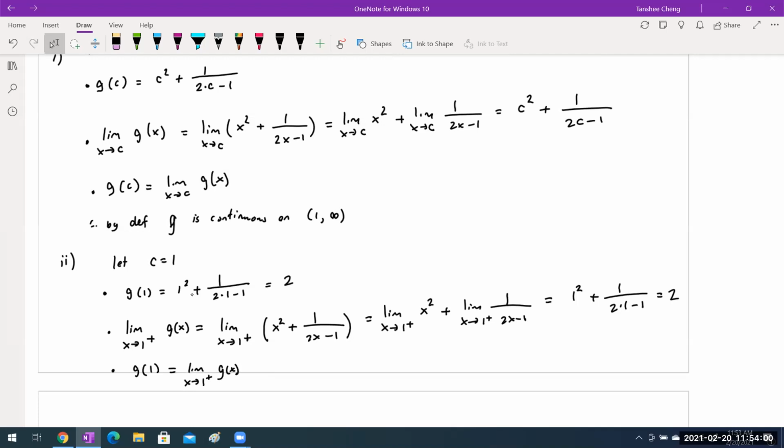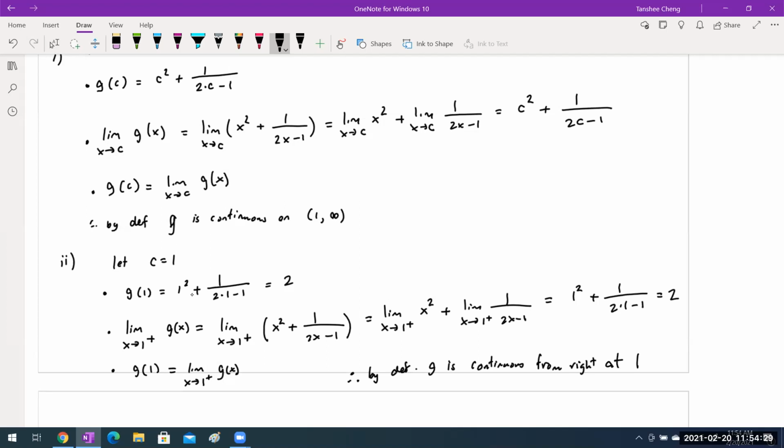Therefore, by definition, g is continuous at 1. Or to be more precise, g is continuous from the right side, because we are using the one-sided continuity definition at 1.